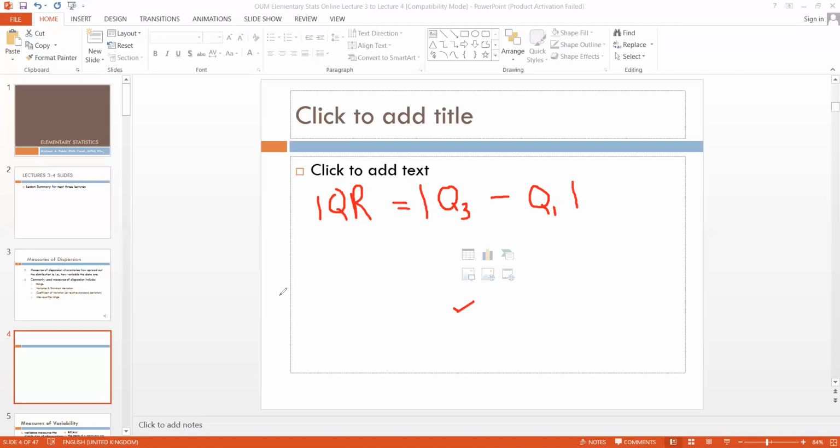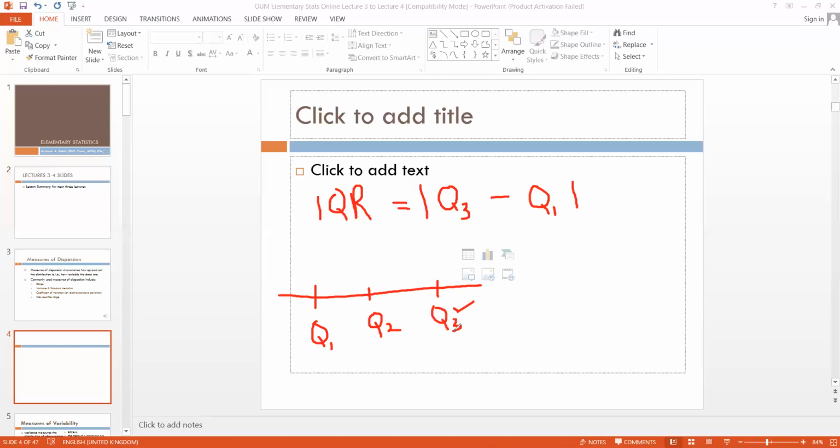And as we know, the quartiles partition our distribution into what? Four equal parts. So this point is Q1, the first quartile, then the second quartile, and the third quartile.